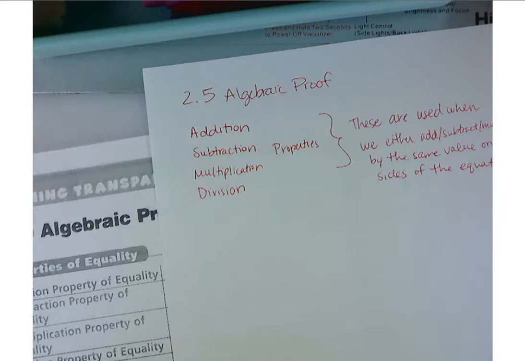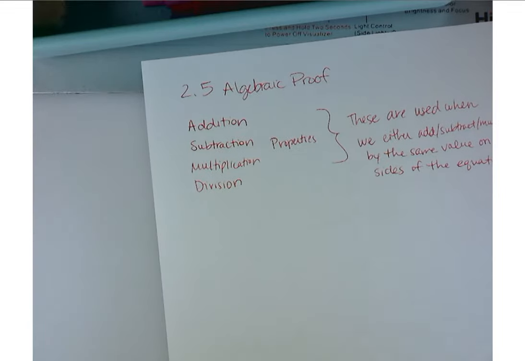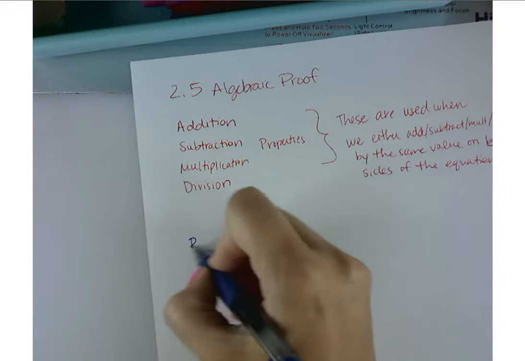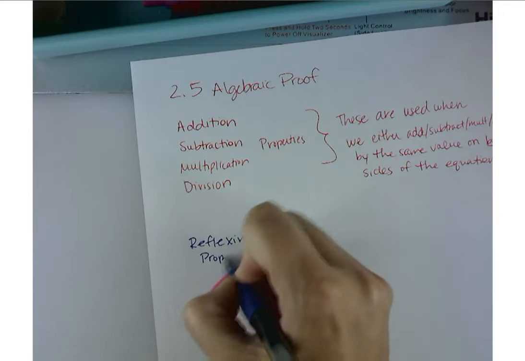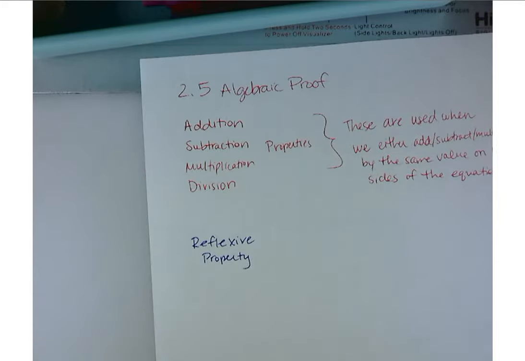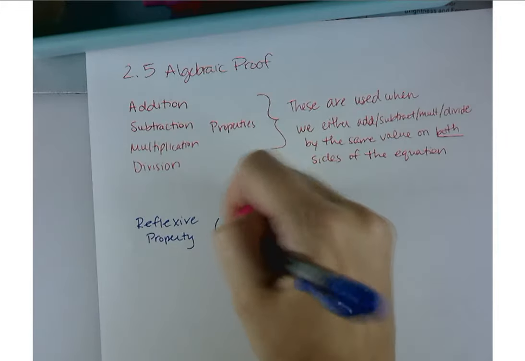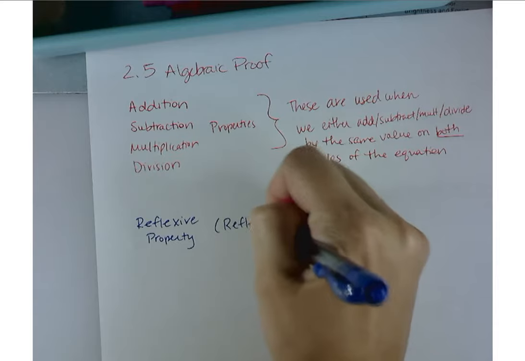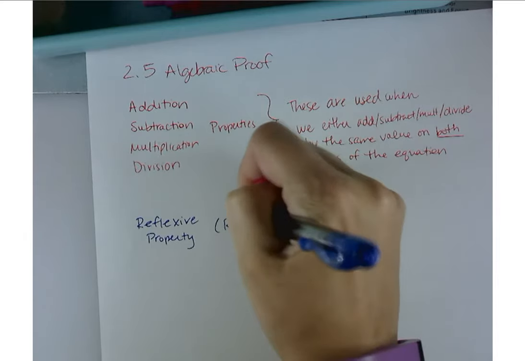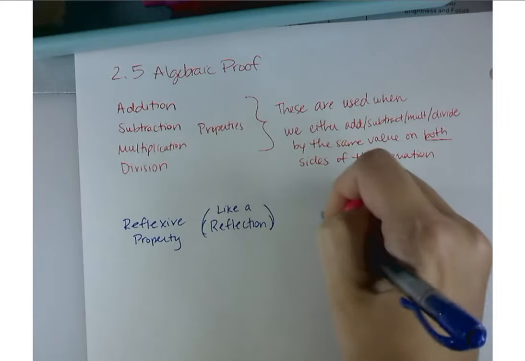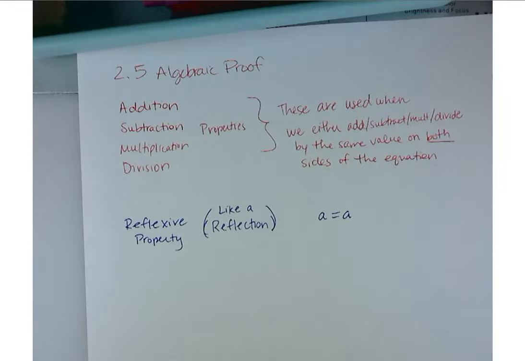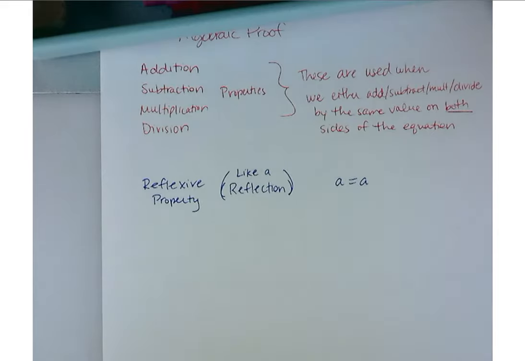The next one, you have a reflexive property. So the reflexive property is like a reflection. Okay, so it would say something like A equals A. It would be the same on both sides. You can also see there's properties of congruence.